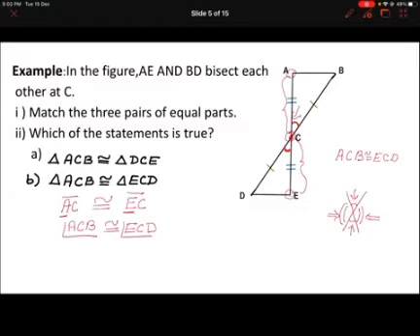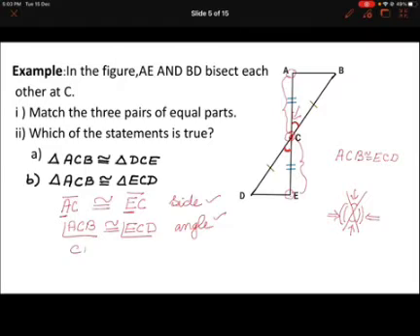When you look at the figure, in case you get confused, please check the congruent corresponding parts. Okay, so this is side, angle. Now we need one more part. Three parts are required, children. So we have two parts, side and angle. We have one more part, one more pair of sides which is equal. That is CB. You can see here CB and CD are congruent to each other.